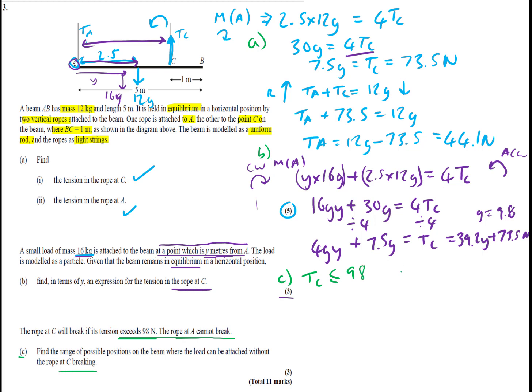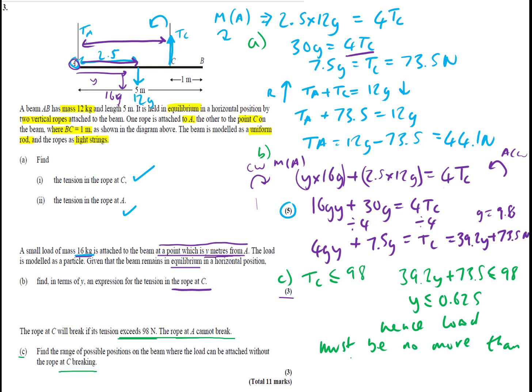So we can just use this. 39.2Y plus 73.5 has to be less than or equal to 98, and you just solve that, and we can all do that. So Y is less than or equal to 0.625, hence the load is at most 0.625 meters from A, and that's it. That's just your answer mark, and using your communication skills there.